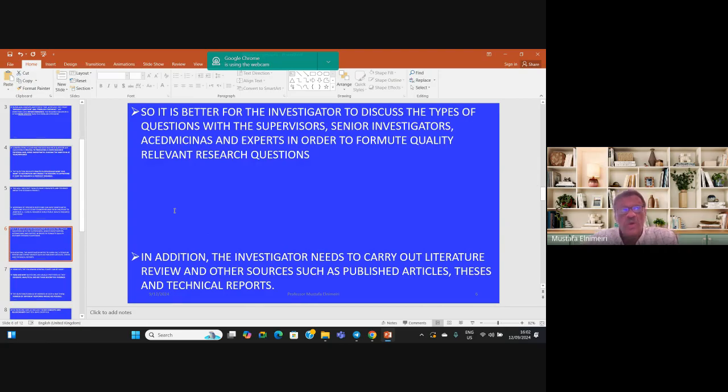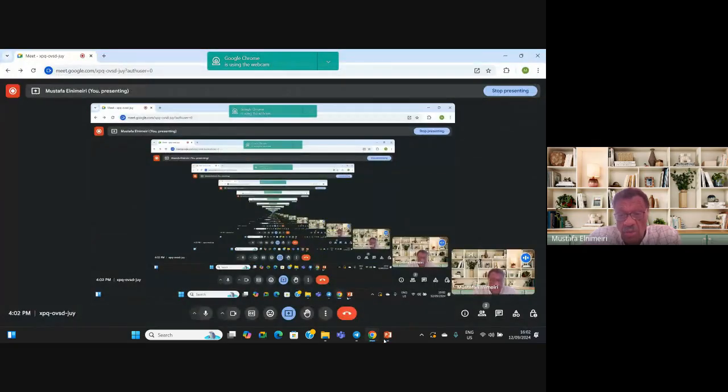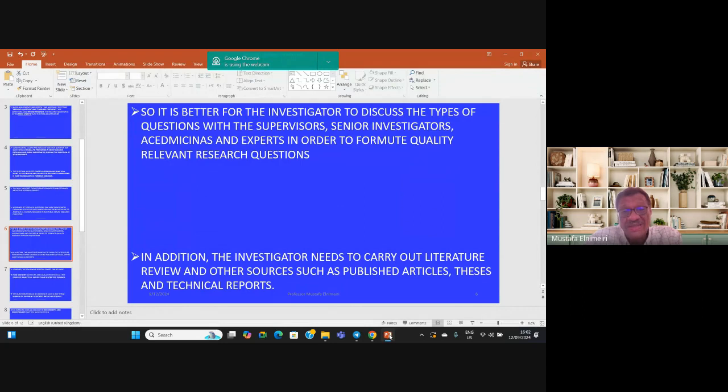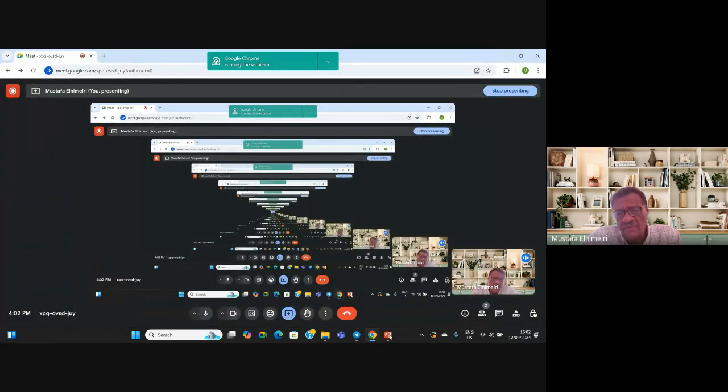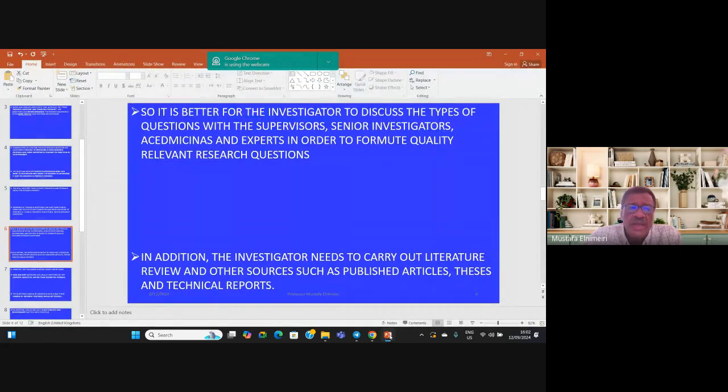So it is better for the investigator, especially those who are beginning to write proposals or to conduct a research project, to refer to or to discuss the type of the question with the supervisors or the co-supervisors or with senior investigators or with academicians and experts with wide experience in research in order to formulate a quality, relevant research question.